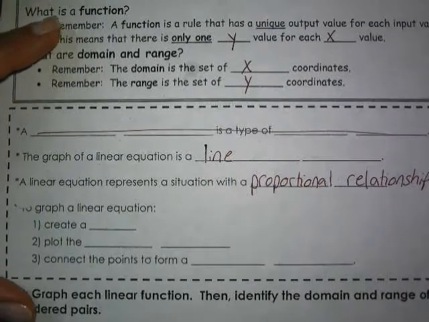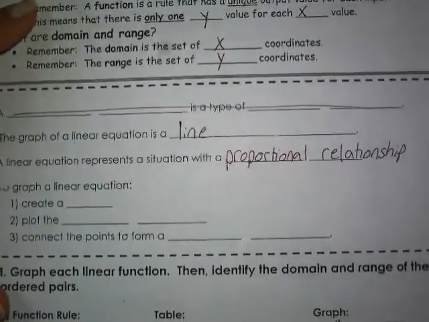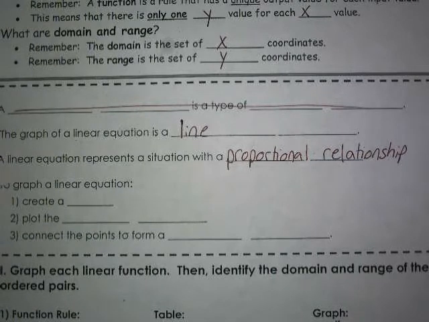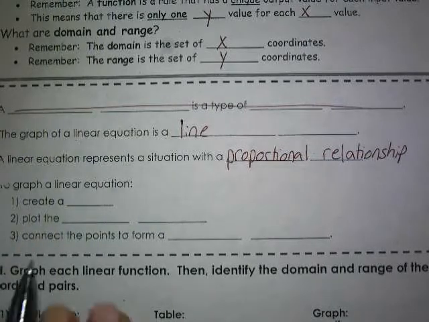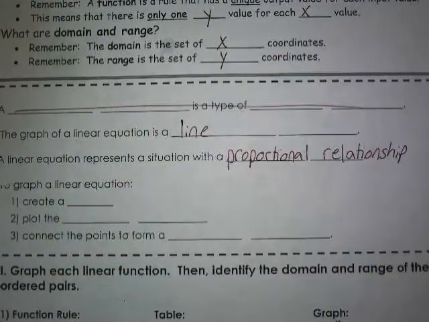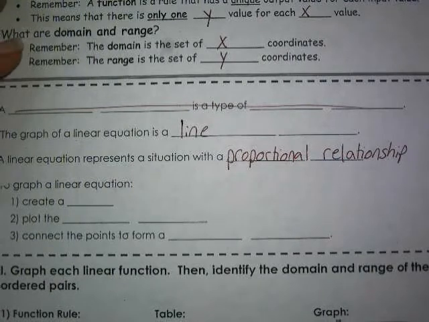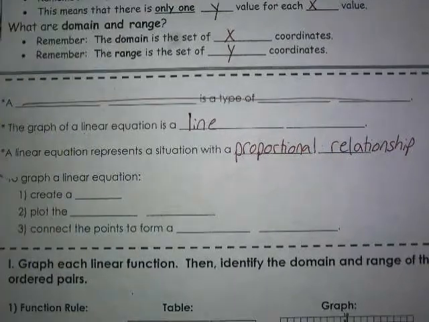So that's why, when we take the slope, no matter what points we take the slope from in a line, you're always going to get the same slope, because your x's and your y's are proportional. It's a straight line and there are no curves.